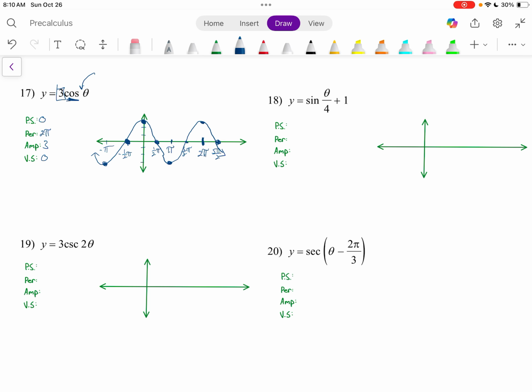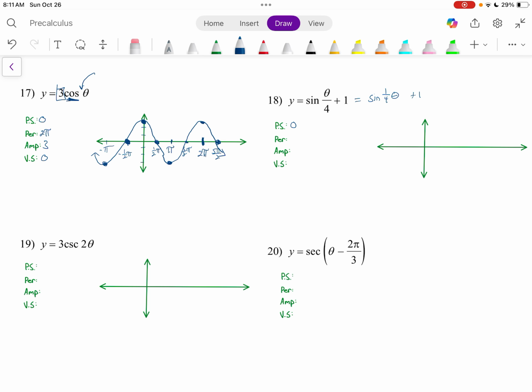Number 18. There is no phase shift because nothing's added to theta. So no phase shift. The period is different. If you want to rewrite this, this is sine of 1/4 theta plus 1.